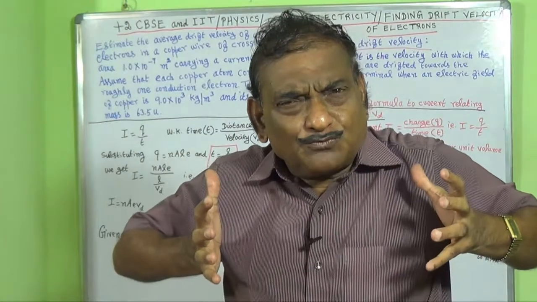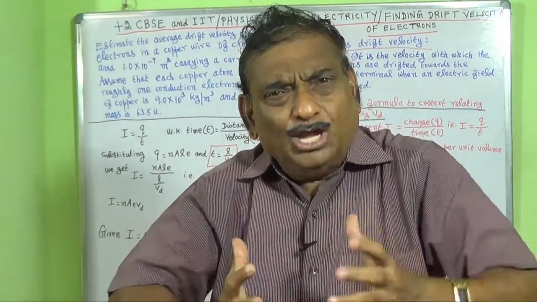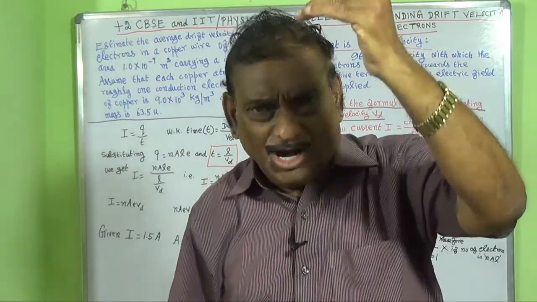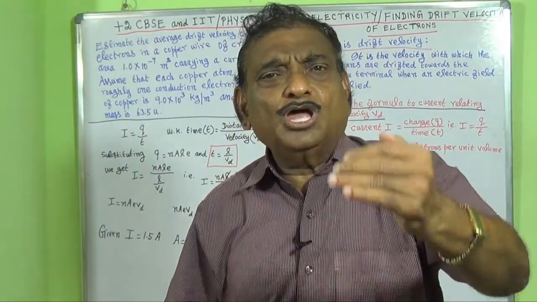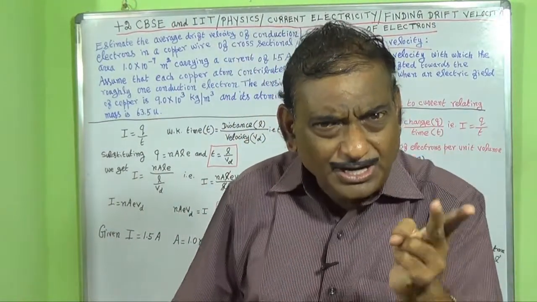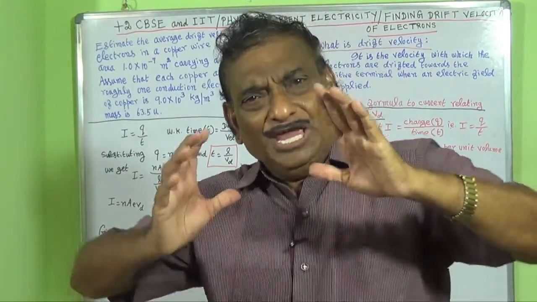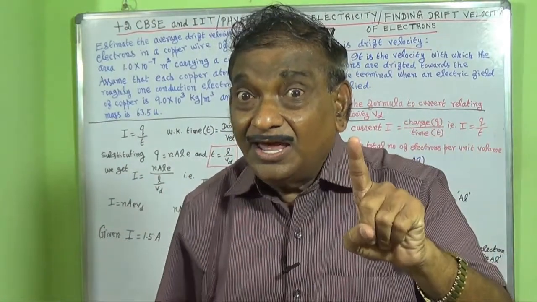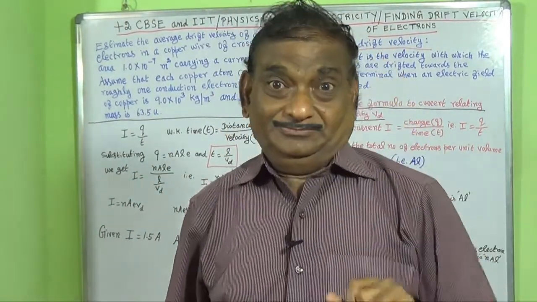When the electrons are flowing in a wire, they collide with other electrons, positive ions, and also the walls of the conductor. After collision, the electrons emerge with the same speed but in a random direction.